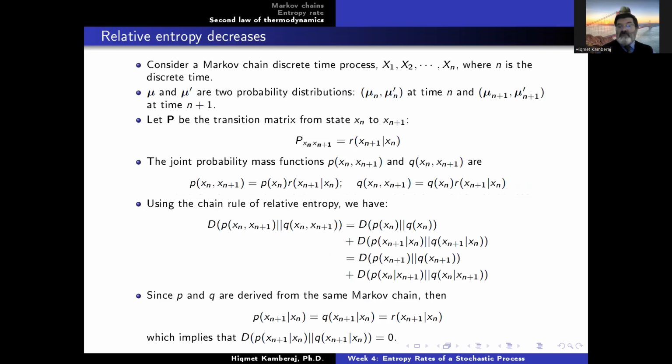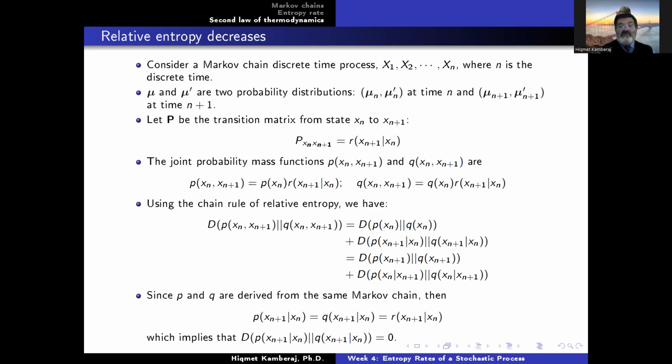For this one, we go back to the definition of the relative entropy, and we show that the relative entropy decreases. For that, consider a Markov chain, a discrete time process, let's say x1, x2, xn, where n is the discrete time.